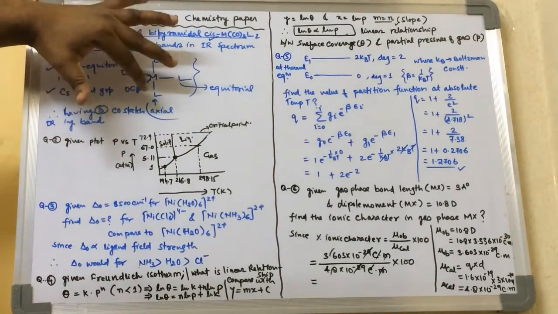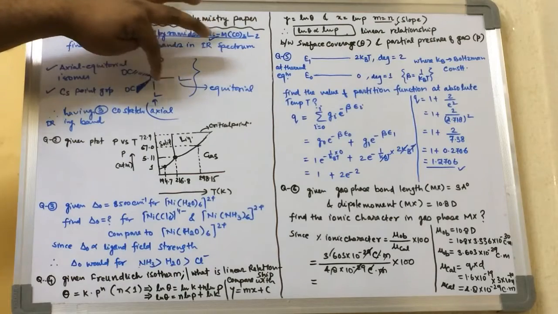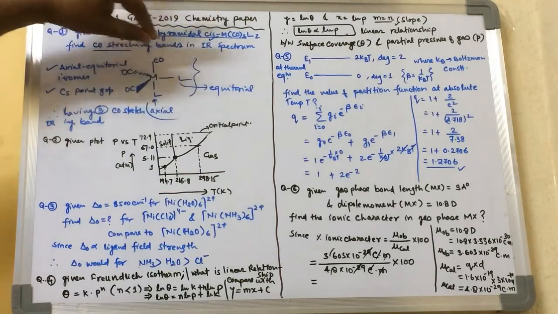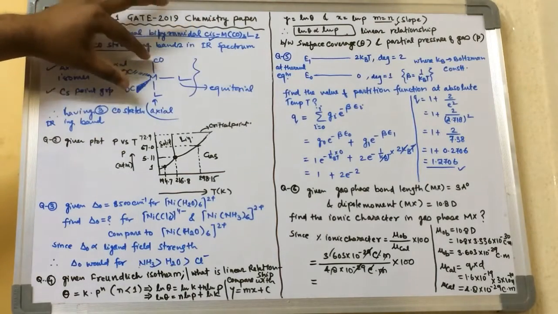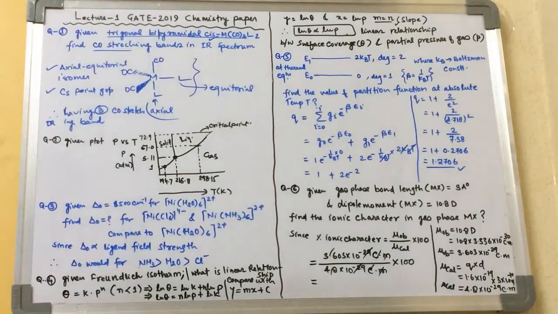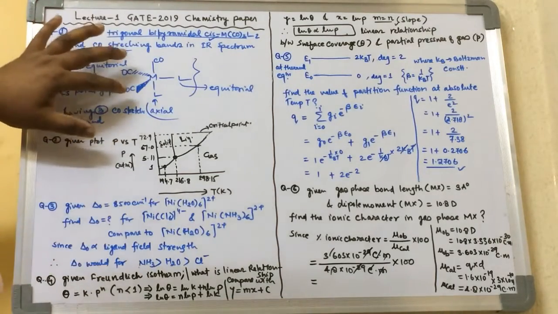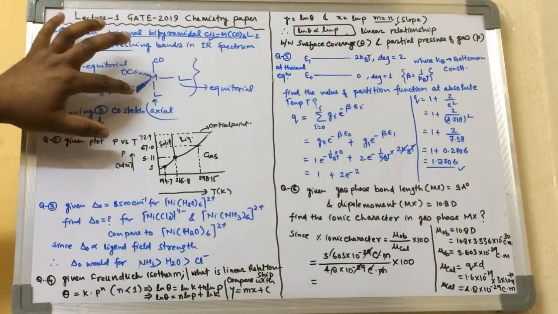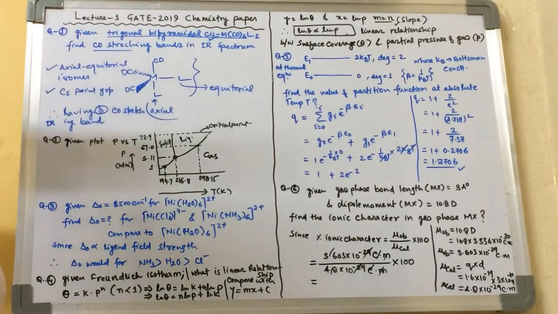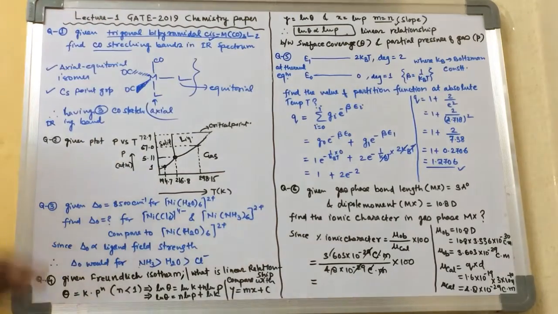These two ligands are cis, one is equatorial and one is axial, and of the two CO, one is up the plane and another is down the plane. So this is a possible structure of this cis trigonal bipyramidal complex.